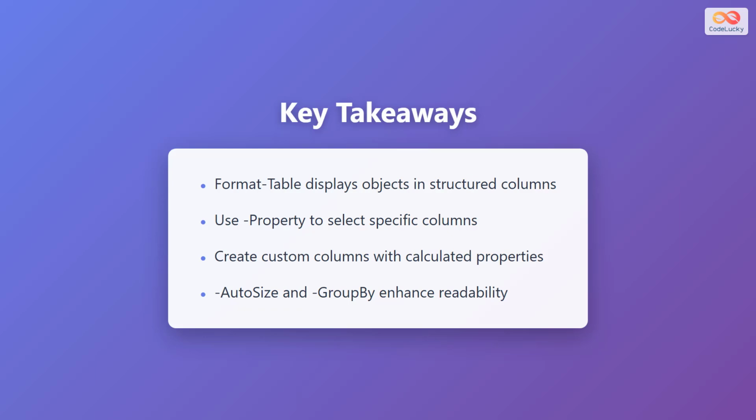Finally, parameters like -AutoSize and -GroupBy enhance readability by adjusting column widths and organizing data into logical groups. With these techniques, you're now equipped to format PowerShell output professionally and efficiently. Practice these concepts, and you'll quickly become proficient at displaying data exactly how you need it.